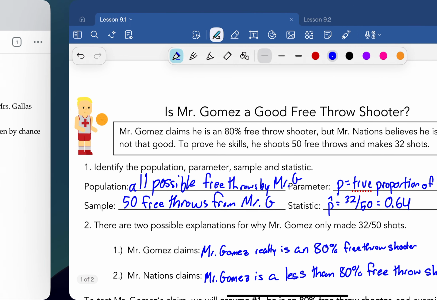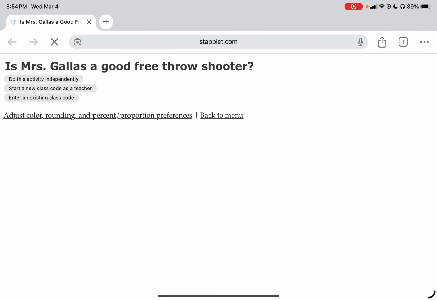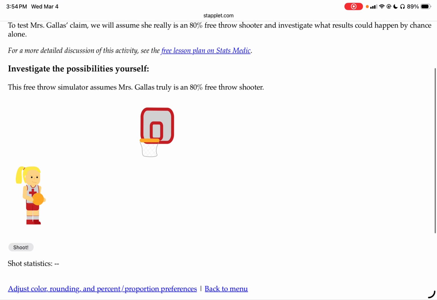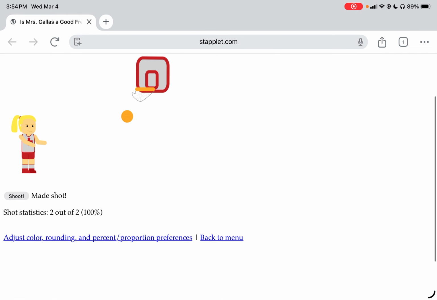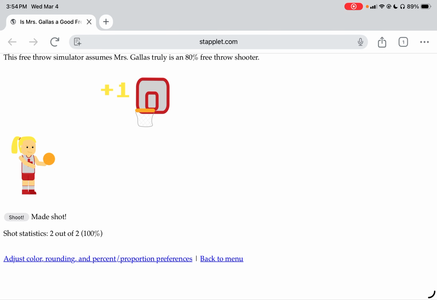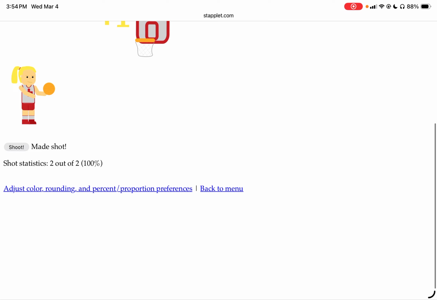What I'm going to do here is use one of these applets that we have, and we're going to do this activity. Again, I could just keep shooting and take these through 50. This simulation is assuming that the person here, Mr. Gomez, is truly an 80% free throw shooter.